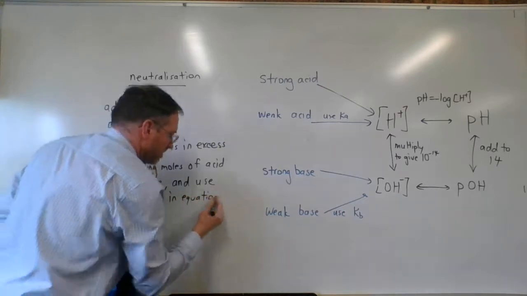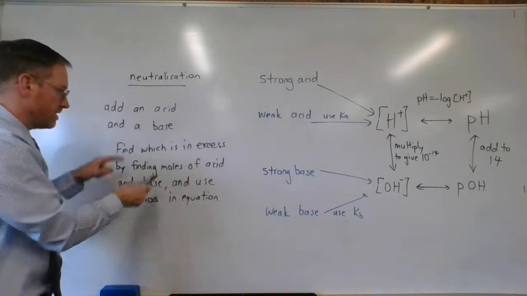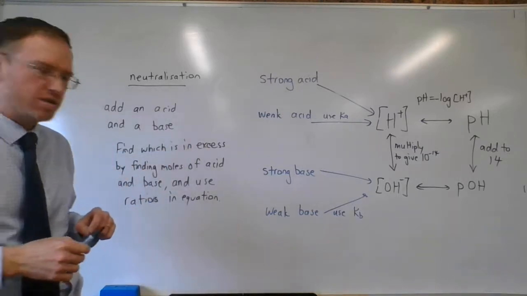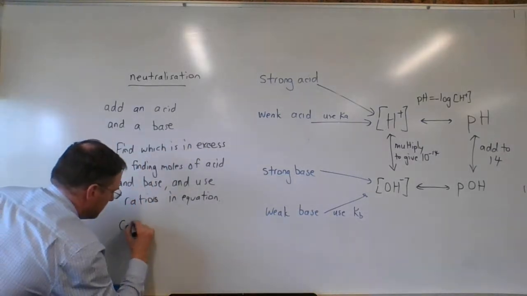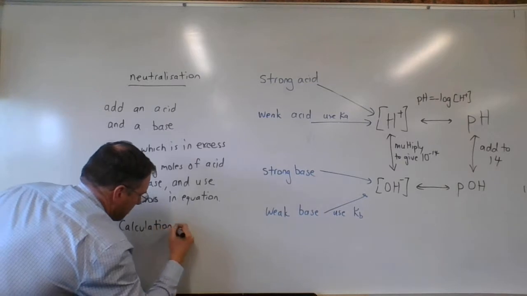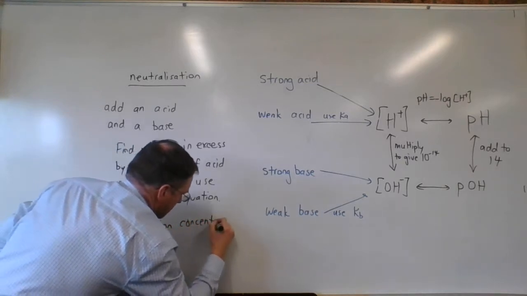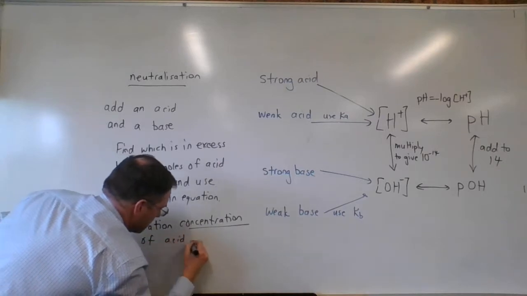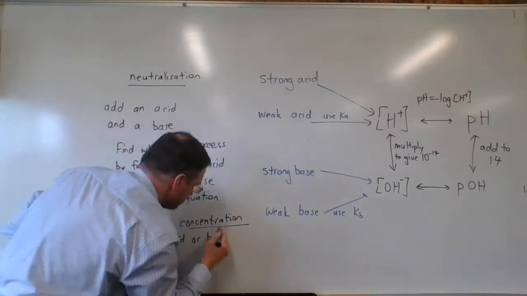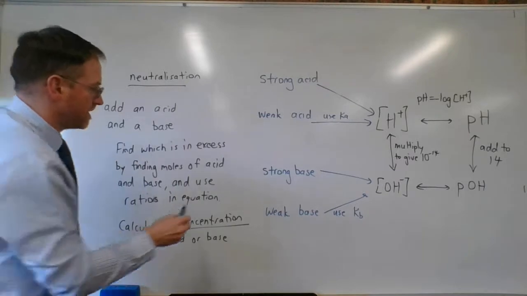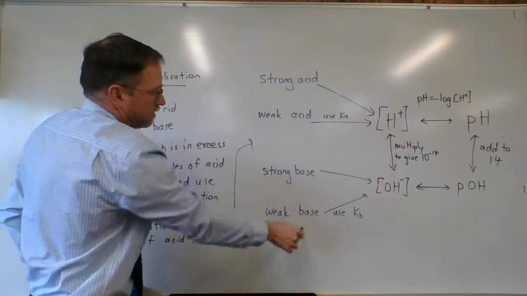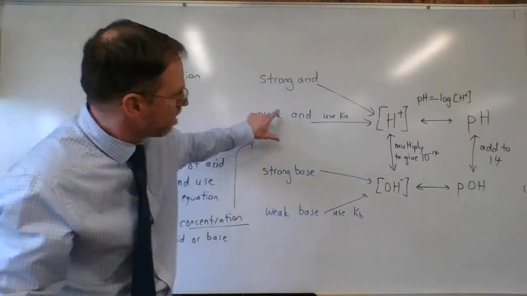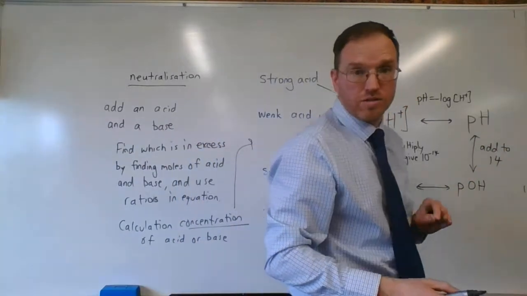Doing that, I can work out which I've got in excess, and then I can calculate the concentration of the acid or the base that's in excess. As soon as I've got that concentration of acid or base, it feeds straight into this. I can use whichever is appropriate. I can work out any of those.